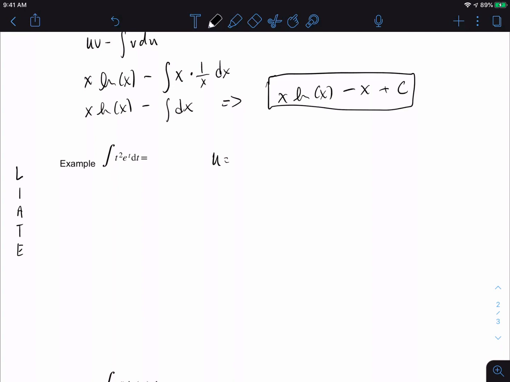Your e to the t. I told you that exponentials can be treated like logs. We could do it that way. But according to the order that I have, algebra beats exponential. And I'll tell you why in a second. So u should be t squared, dv should be e to the t.